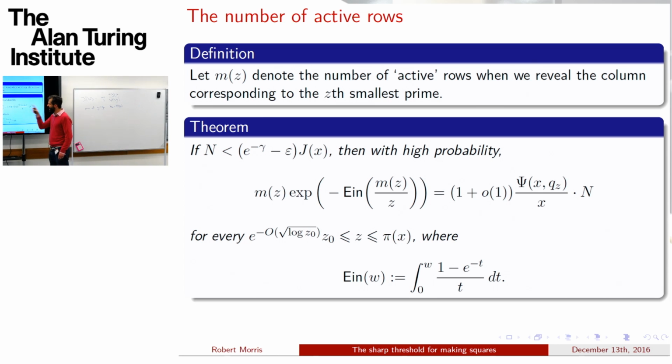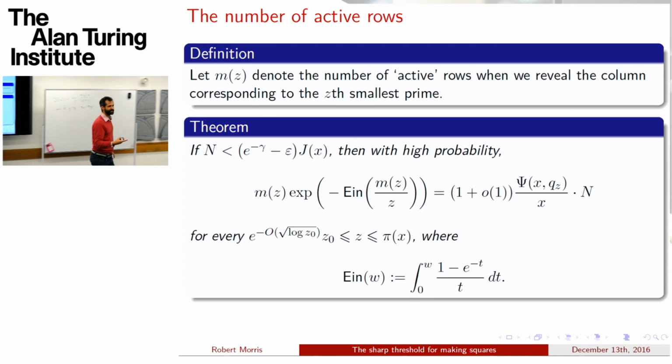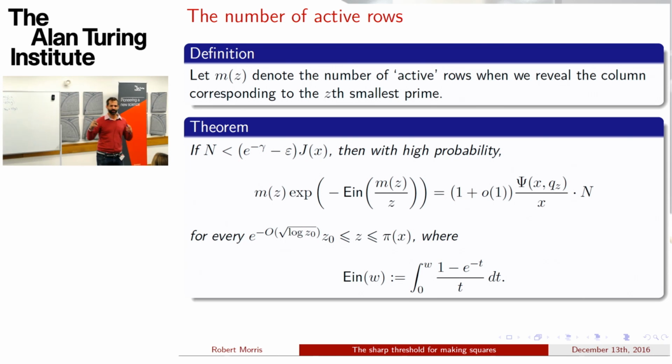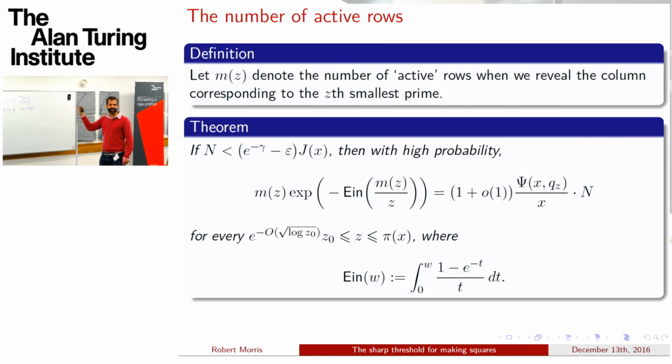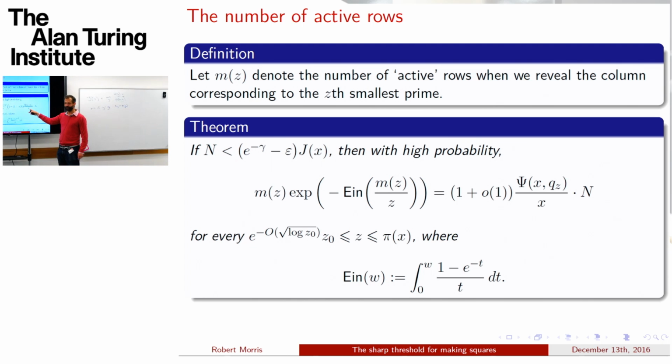So m of z is the thing that you're tracking. So that's the number of active rows, times e to the minus something should be the number of rows that are completely 0 to the right. Now, you have to make the hypergraph the right way round, but the number of completely 0 rows is the same one way round as the number of isolated vertices in your hypergraph. So you have this hypergraph that you're tracking. This right-hand side tells you how many isolated vertices you have.